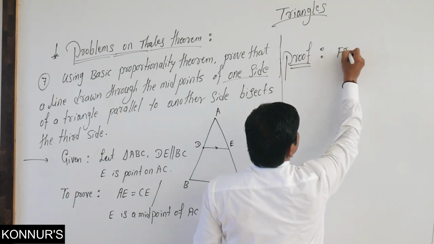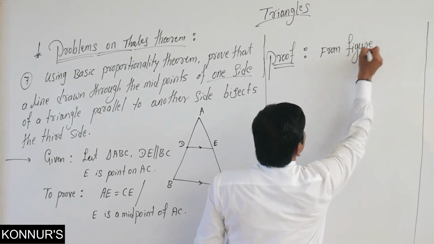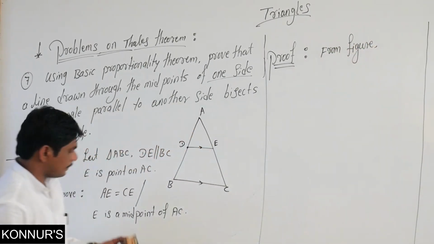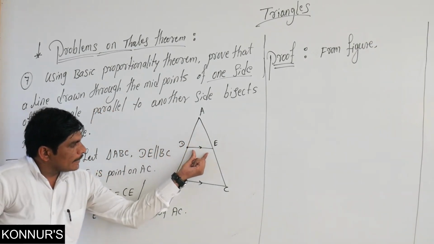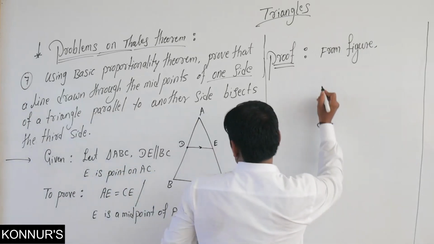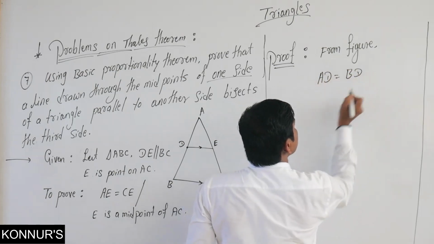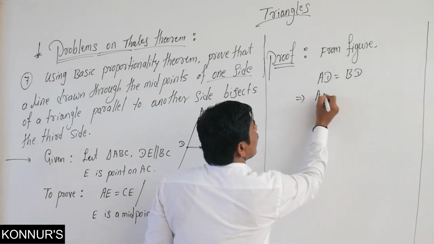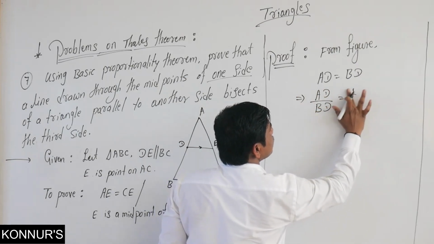Next, proof part. From the figure, D is a midpoint of AB. It means AD is equal to BD, which implies AD divided by BD is equal to 1.